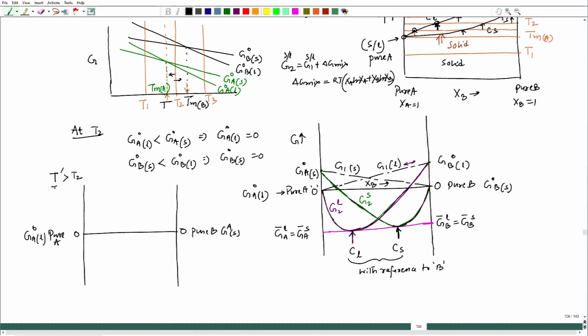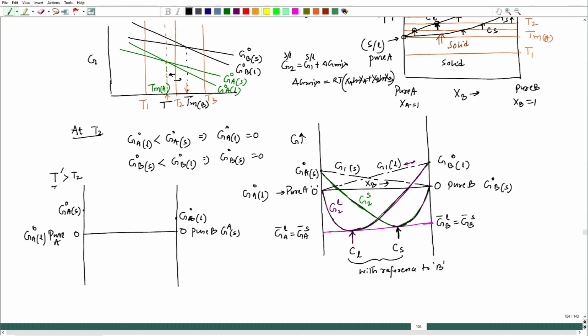In that case, it will fall a little below, this is G B naught liquid and this will go up a little bit. Solid will also go a little up.